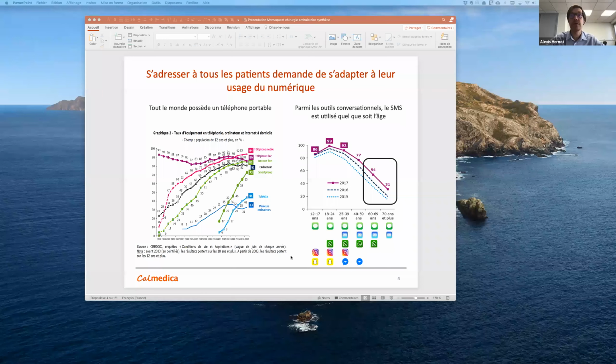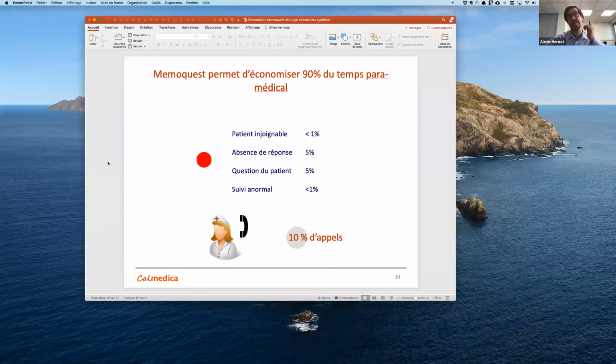Third answer, because it was usually the target use. What is the target use of text messages? Let me share the screen so you will understand. The target use is to know if patients are okay, so asking questions like that.